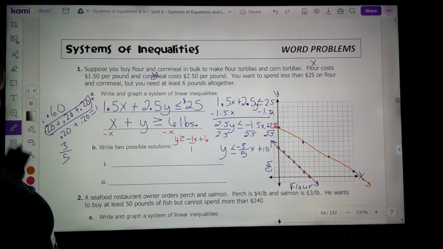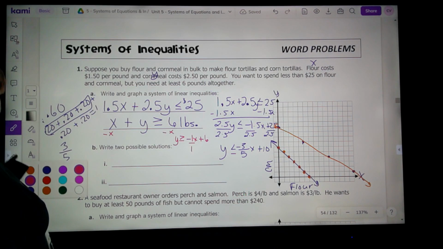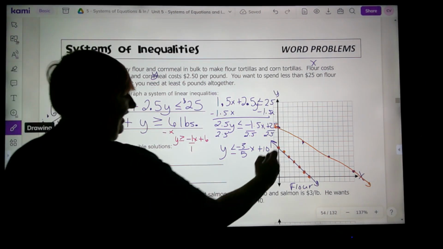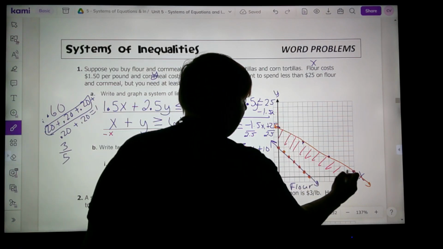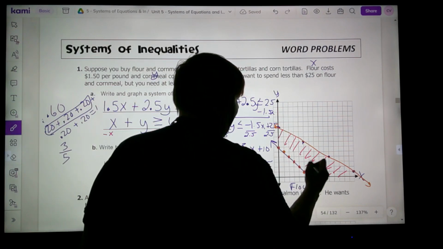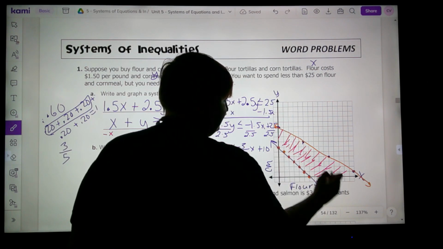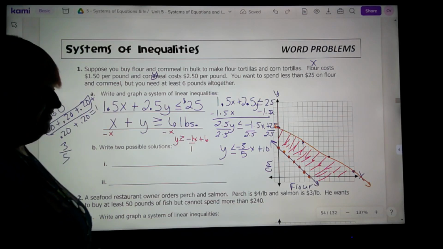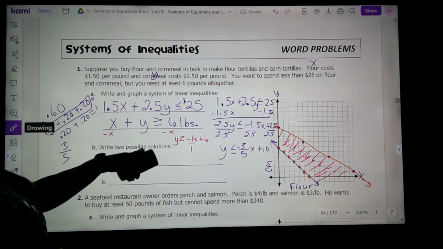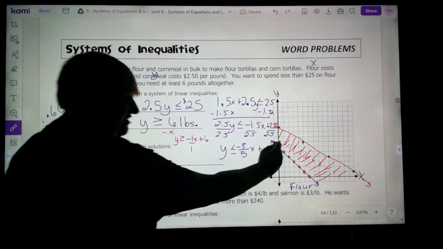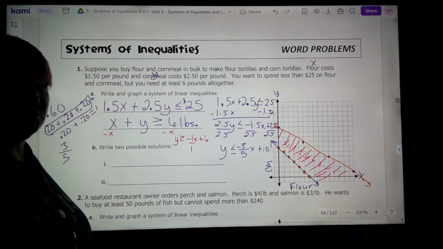So our answer has to be under $25 and over 6 pounds. So somewhere in there is our answer. That means there are a lot of possible answers. You need to think about it, and you can pick any two possible solutions. There's a ton of possible solutions.